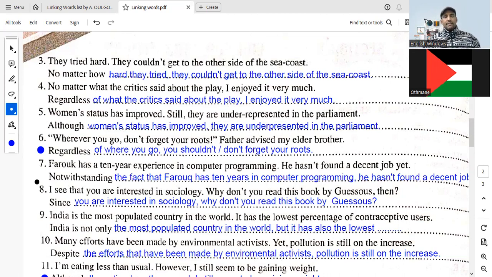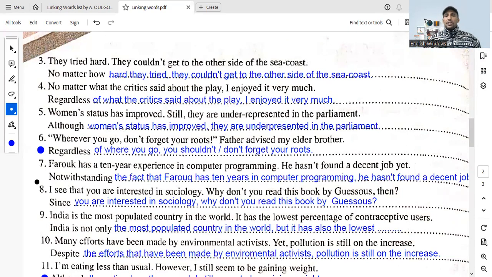For instance, in spite of the fact that I practice English with native speakers, my pronunciation is still poor. This is an example of a statement with in spite of.